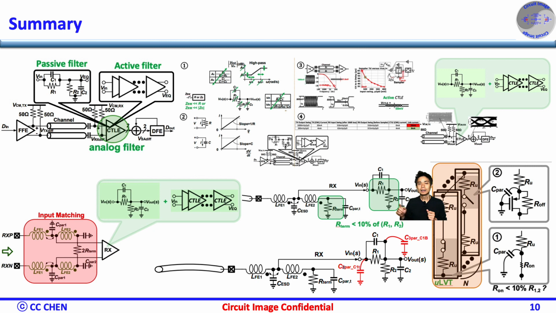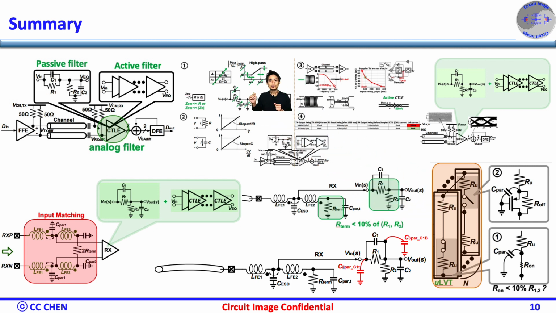Second, the R1 and R2 must be big enough without loading the RX termination, affecting the 50 ohm single-ended too much, and both resistances greater than 500 ohms are better.